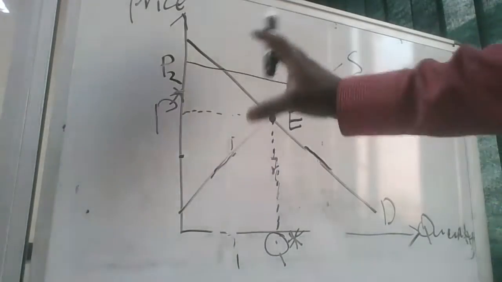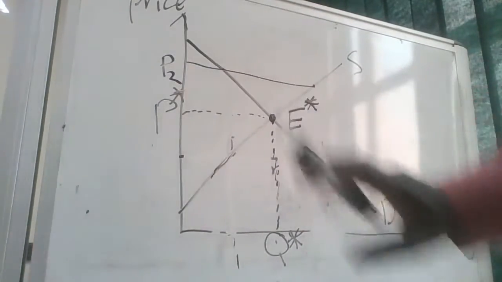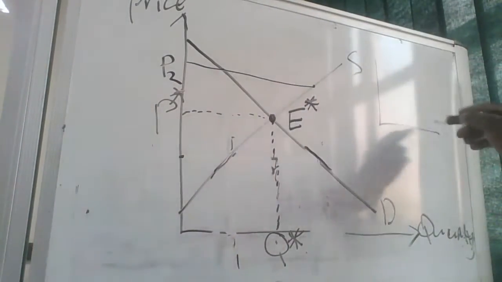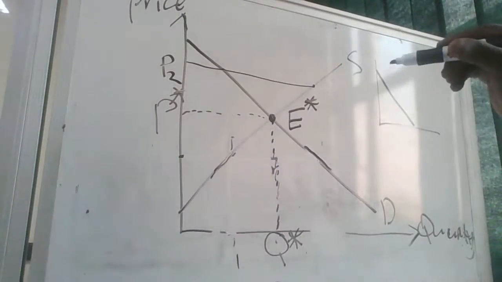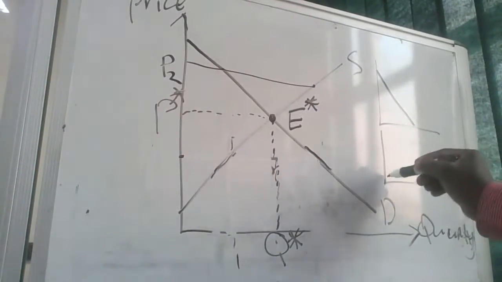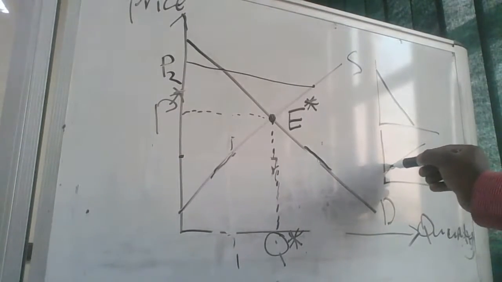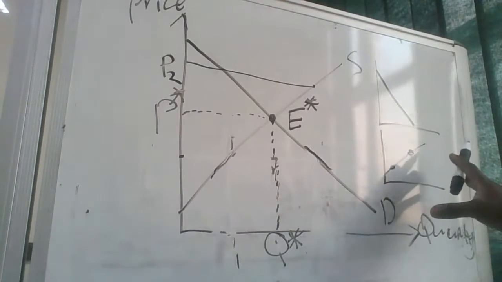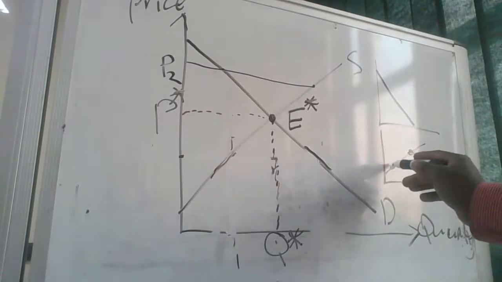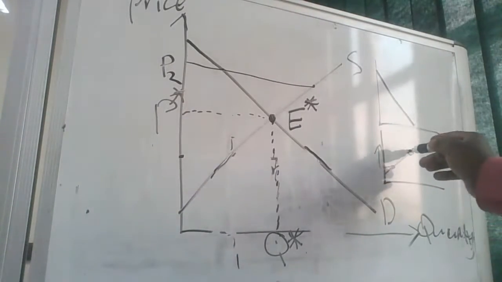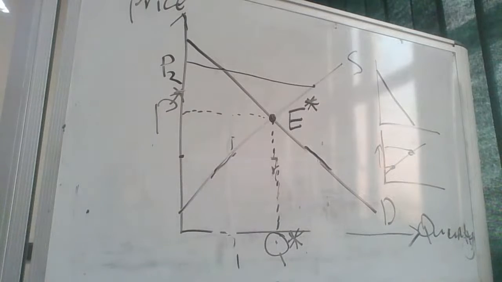So when price is set above equilibrium, what will happen this time? Remember, before you do your explanations here, think about what happens when demand is plotted in isolation and when supply is plotted in isolation. We said that the higher the price, the more the quantity supplied, meaning that when prices go up, suppliers are motivated to produce more units and therefore release more output or more commodities on the market.